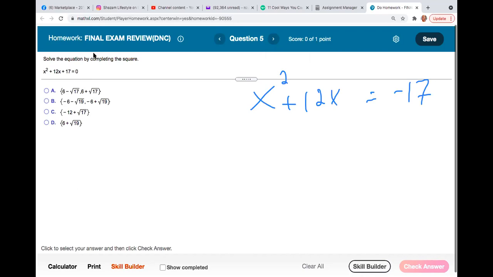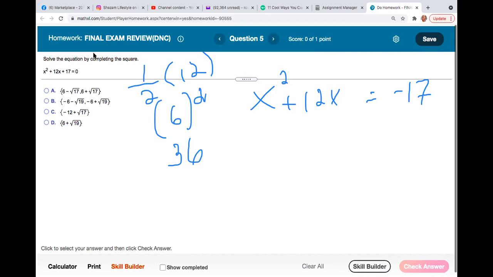The next step is to actually complete the square. How do we complete the square? We're going to take half of the b term. In this case, the b term is 12. So that's going to give us 6. Then we're going to square the 6, which gives us 36. So now we're going to take that 36 and add it to both sides so we can complete that square.